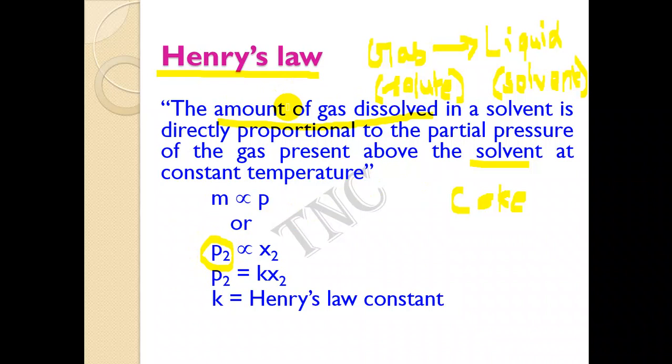Instead we use one of the concentration terms, and here let's use mole fraction. The pressure of the solute is directly proportional to the mole fraction of the solute present in the solution, which we can call solubility.